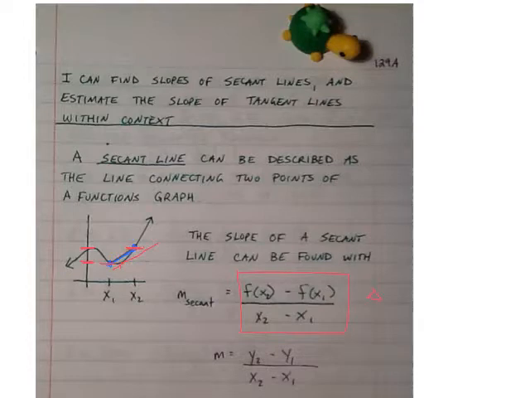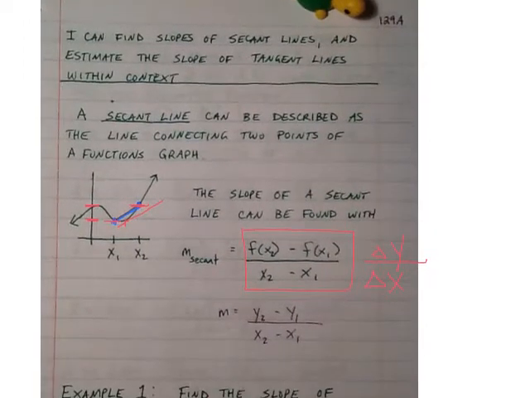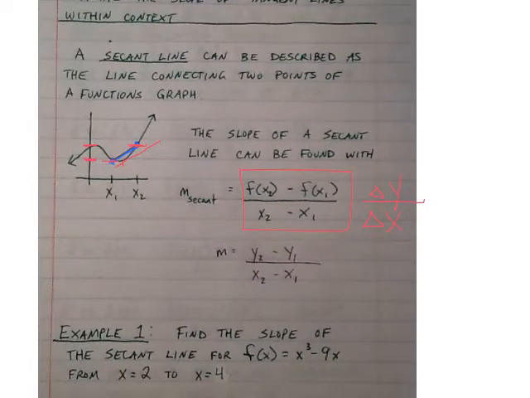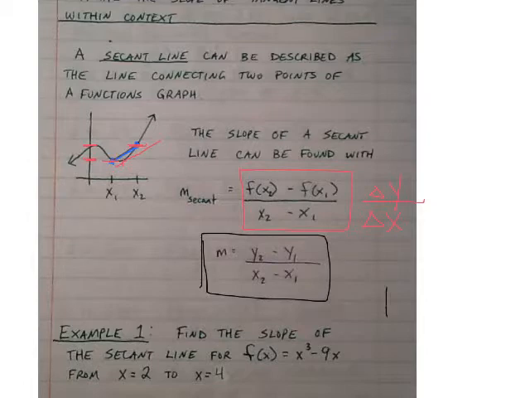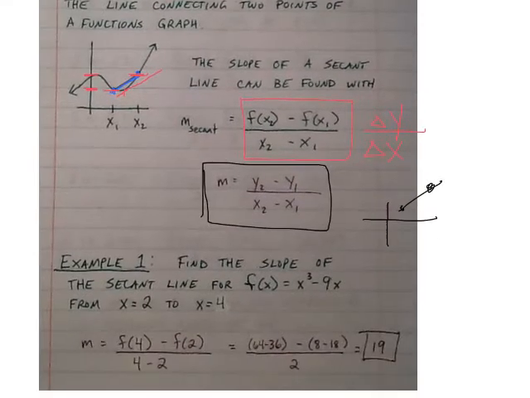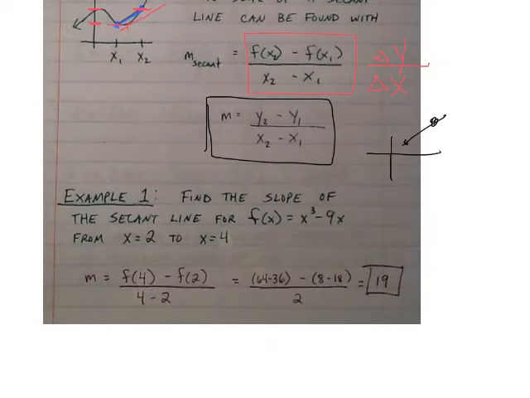So really what we're doing is our change in y divided by our change in x. Incidentally, this is what we've always known to be our slope formula. I mean, we are talking about a line after all. So the slope between 2 points is going to be the slope of that line. Okay, let's use this in example 1.